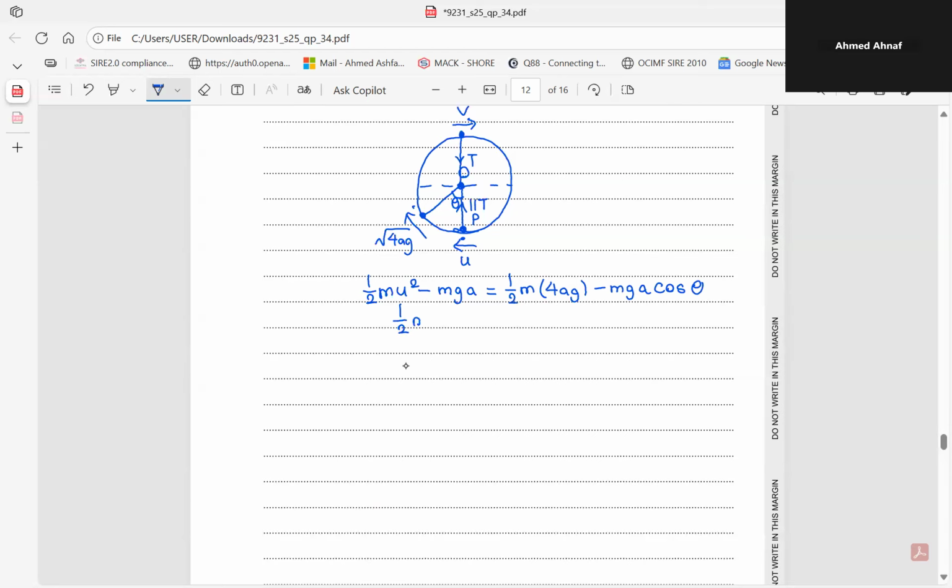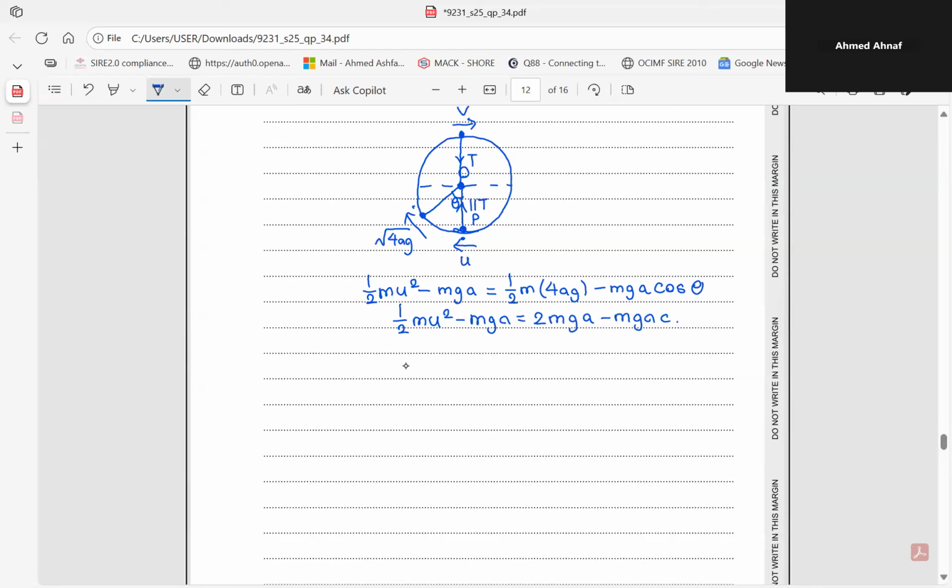So half mu squared minus mga equals 2mga minus mga cosine theta. So half mu squared equals 3mga minus mga cosine theta. Cancel out the m and multiply both sides by 2, you'll get u squared equals 6ga minus 2ga cosine theta. So this is equation 1.